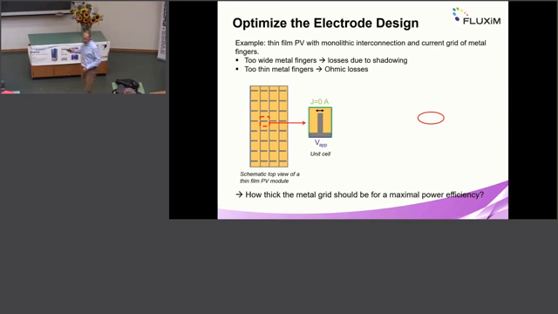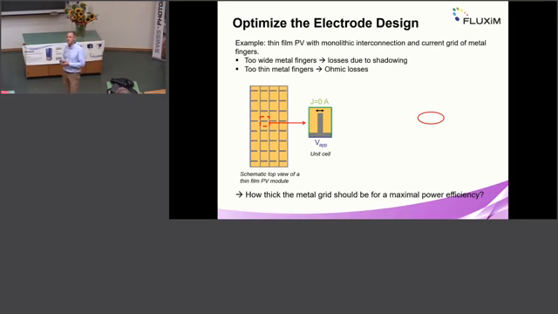I'm sorry, I don't have the cross-section view for this. But there is this metal finger one can add such that it can collect the current which is generated in these yellow areas. So the sun is illuminating this solar cell, and below the metal finger we have a shading effect.